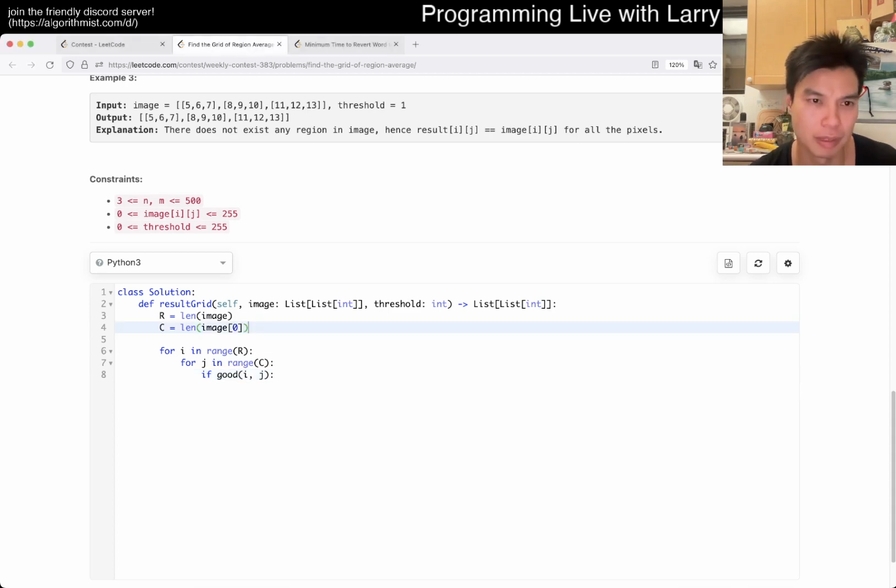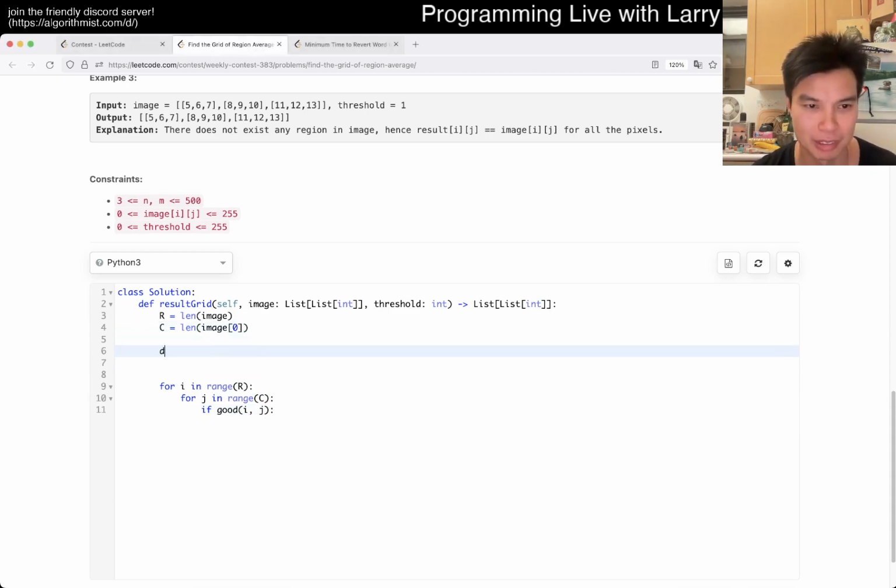It should be fast enough, but I do worry about Python because Leetcode is silly.